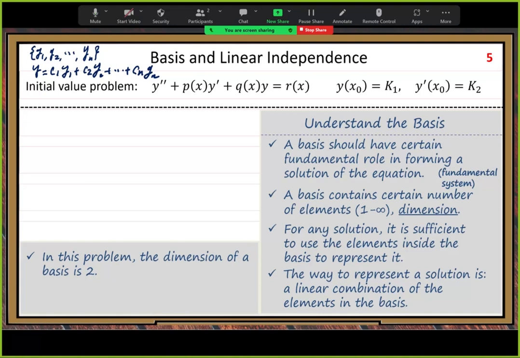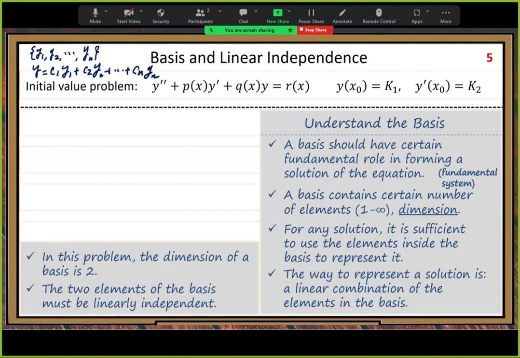Because we already have one known solution, we determine the second one on top of it, so we can reduce the order from 2 to 1 and get another one. By the order reduction technique, we can show we need 2 linearly independent basis functions.